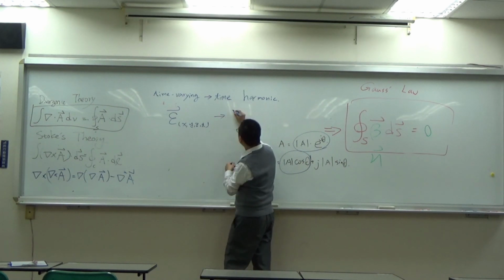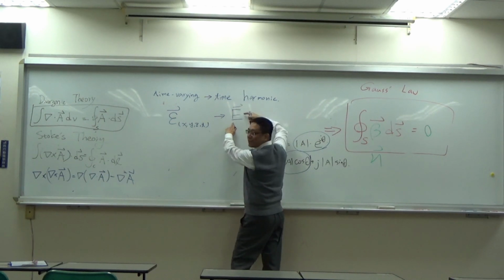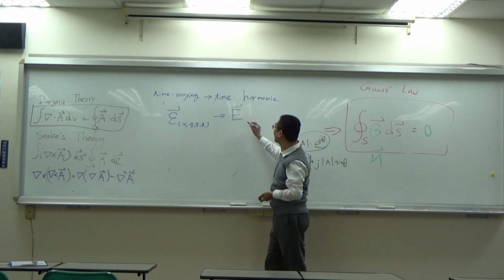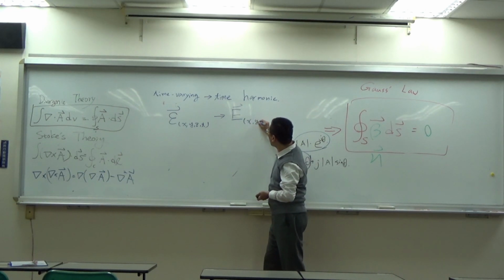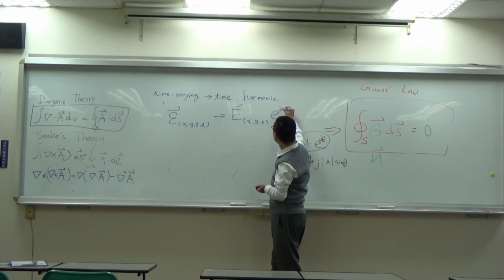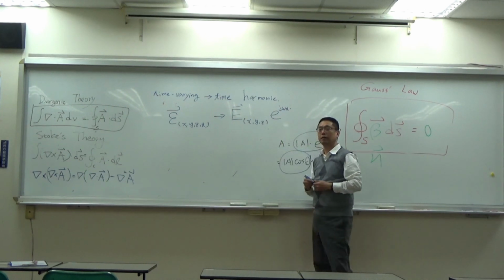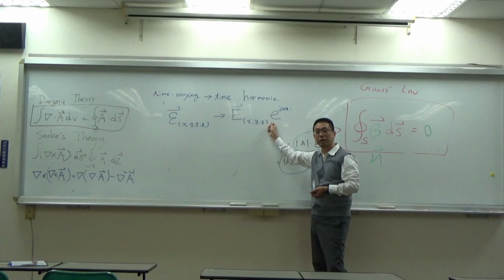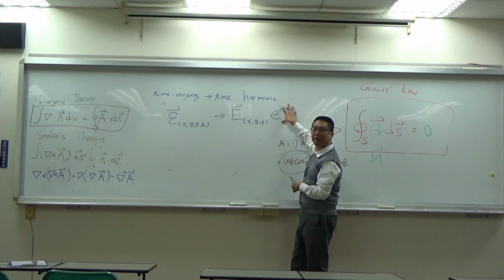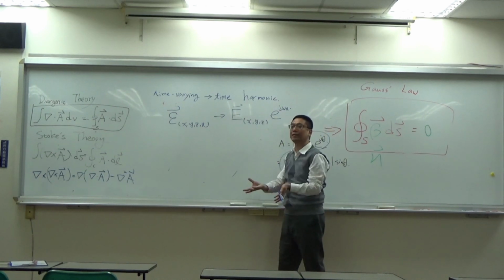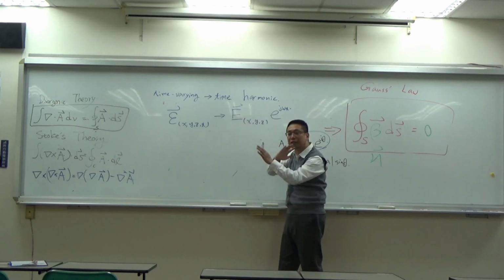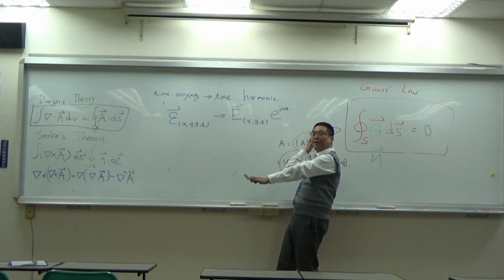So you change that to a common notation of the electric field, only x, y, z, multiplied by exponential j omega t. You take the time part outside, and then this becomes easier to understand. You have variables with only x, y, z, no t. T is taken outside. Okay?